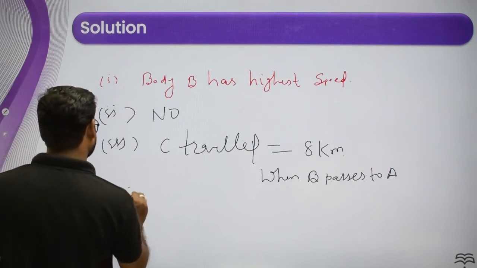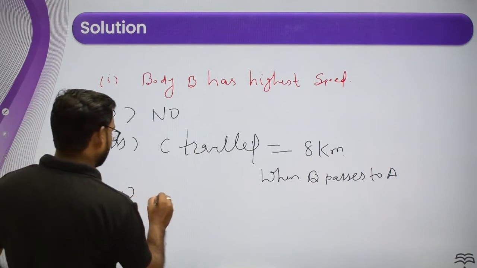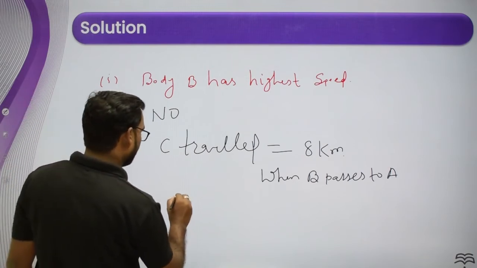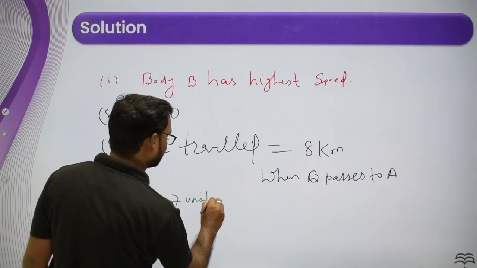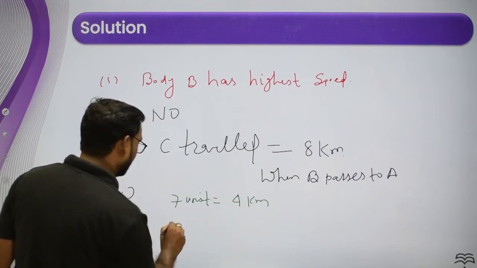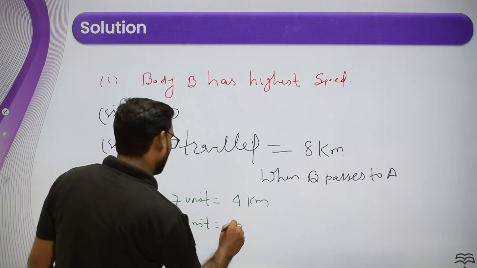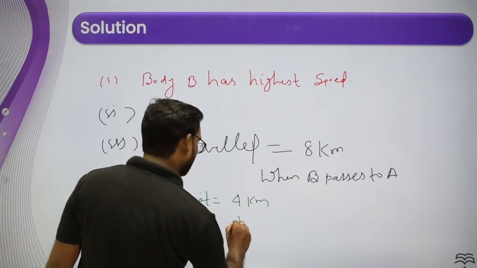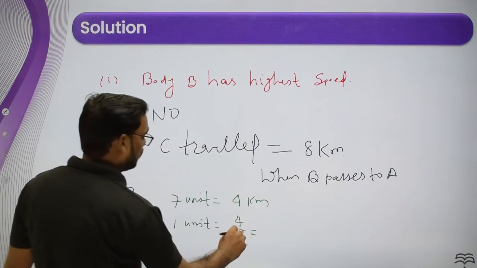Here 7 units represent 4 kilometer. Okay, so tell me the 1 unit. You will get 4 by 7. If you divide it, this is 40.